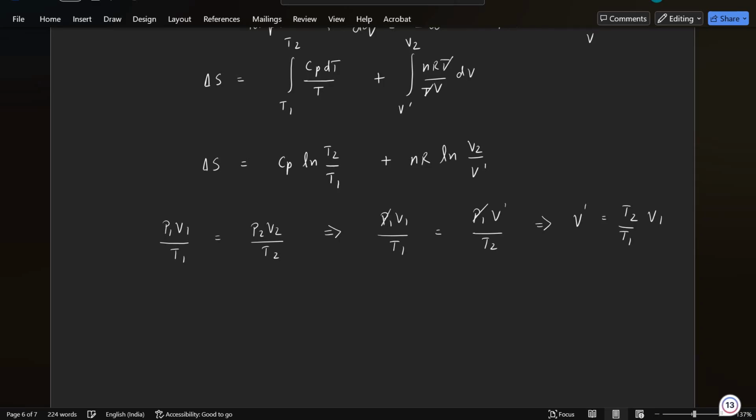Now let's substitute it back into delta S. Cp ln T2 by T1 plus nR ln, and if we substitute V dash here, what do we get?